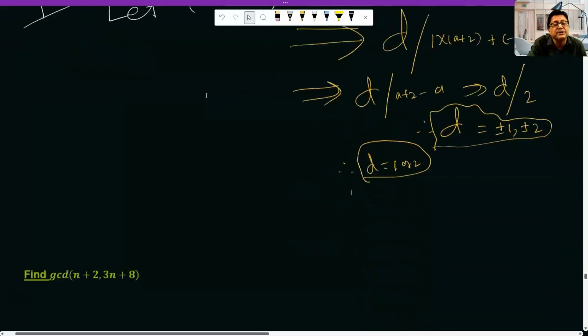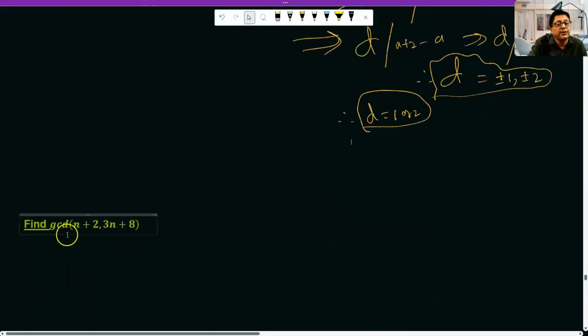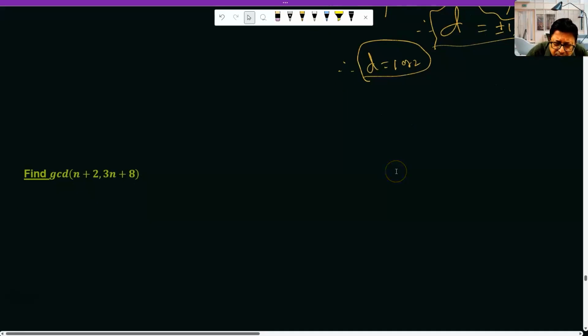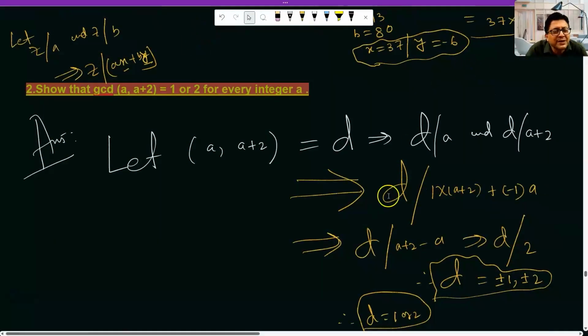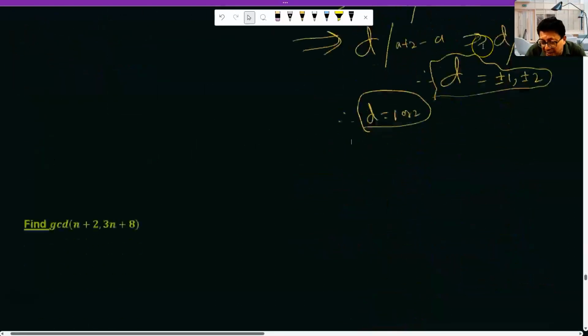One similar question is here. Find GCD of n plus 2 and 3n plus 8. How do you find it? Very interesting question. We got the simplest one here. You apply the same method here, that a linear combination is divided by the same numbers. If j divides a, j divides b, j divides ax plus by.